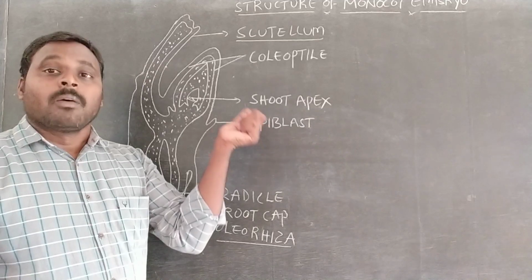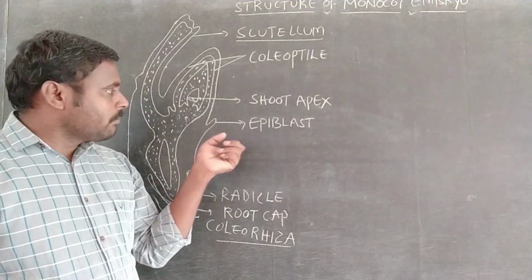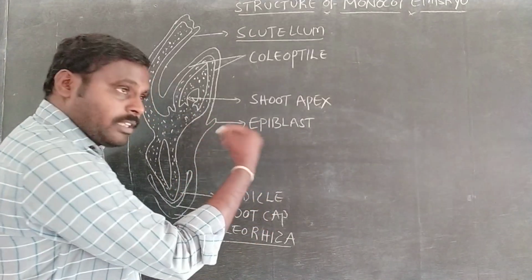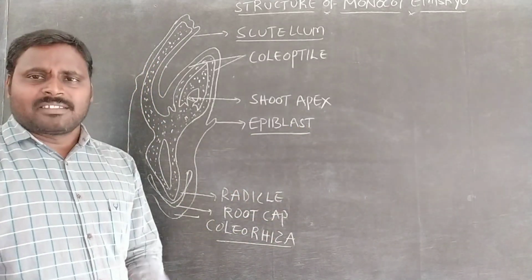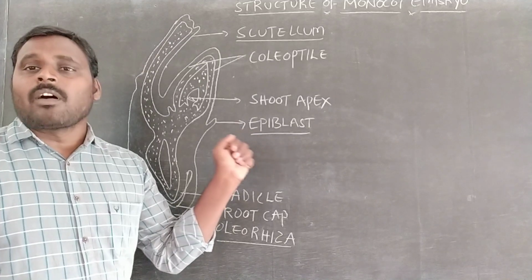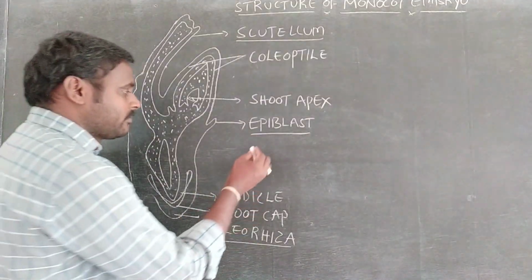In the monocot embryo we may also find a rudimentary structure called the epiblast. What is this epiblast?